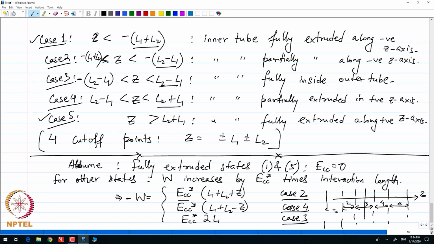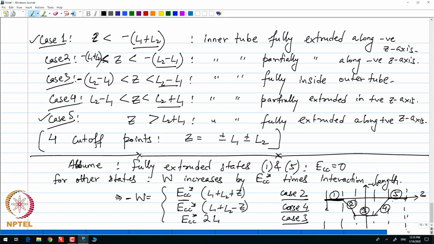Let me remove all these arrows, because the diagram becomes a little clearer. So, this is my negative W axis, okay, and I get the following curve. So, this is my stage 3, these are my stage 2 and stage 4, and stage 1 and 5 are given by this.